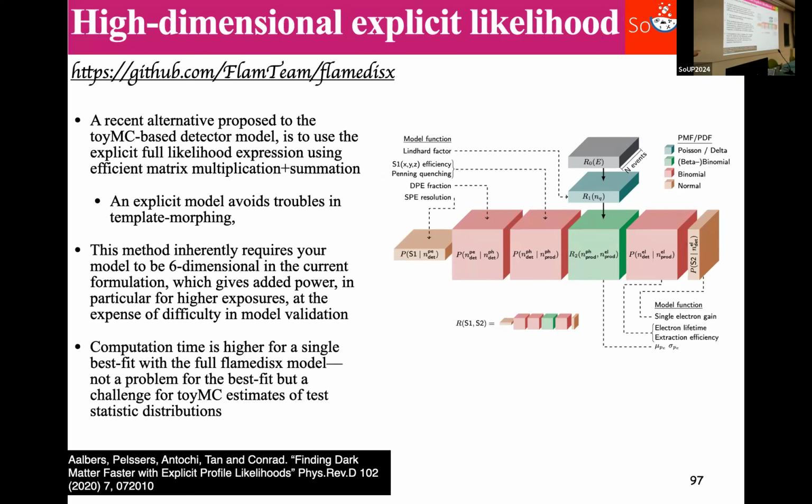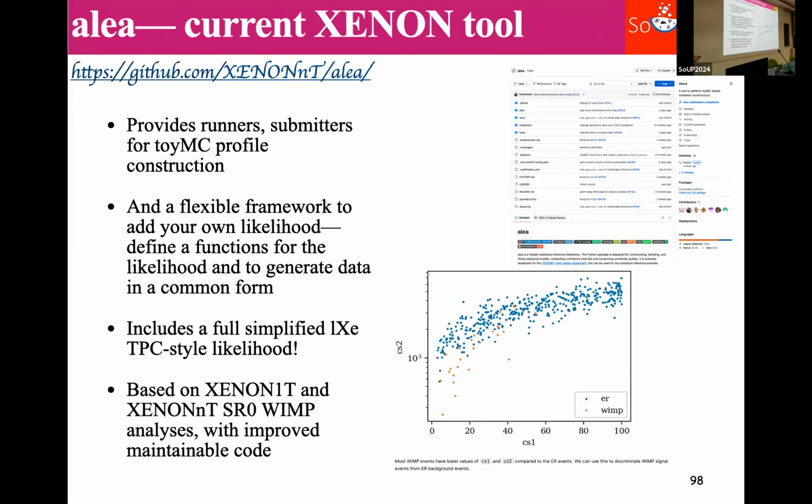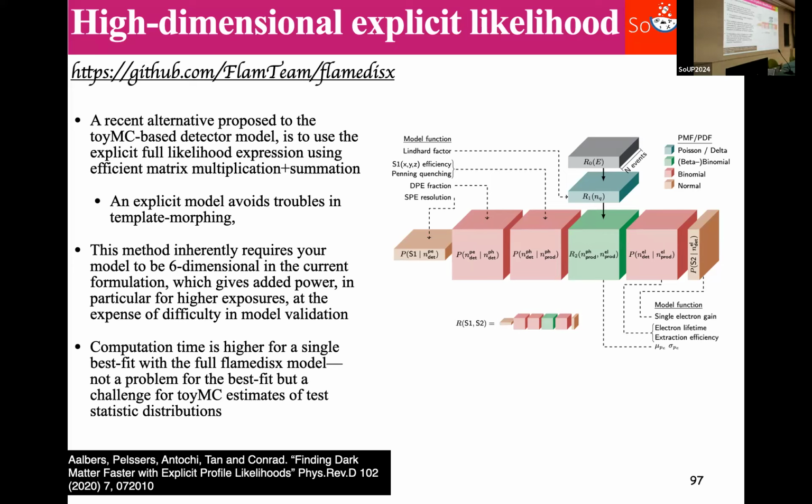Otherwise, I want to give one slide on something that has become a little bit popular, at least in the liquid xenon community, which is that you can make these very advanced, completely specified likelihoods that are not just approximations with some templates from MC generations, but fully say, I have a certain probability of detecting a photon, and if that photon was detected, then it has a certain probability to be reconstructed as an S1.